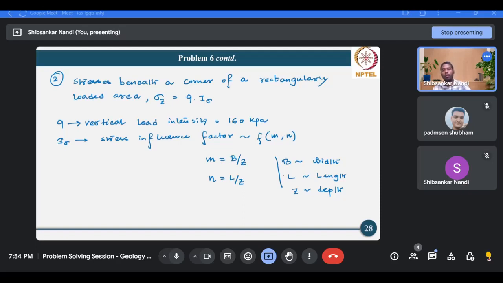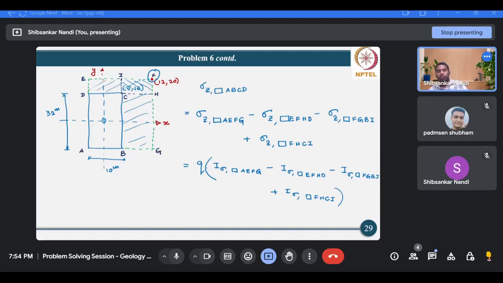For each of these rectangles, B and L will be different, so accordingly M and N will be different, and your I sigma stress influence factor will be different. Once you know the stress influence factors for all four rectangles, you can easily calculate the sigma z value at this point (12, 20) for this rectangular loaded area at a depth of z equals 25 meters.